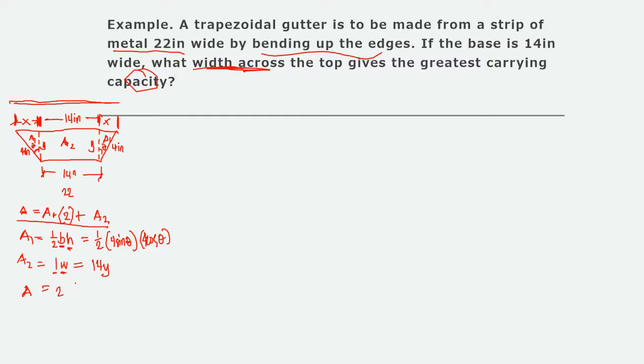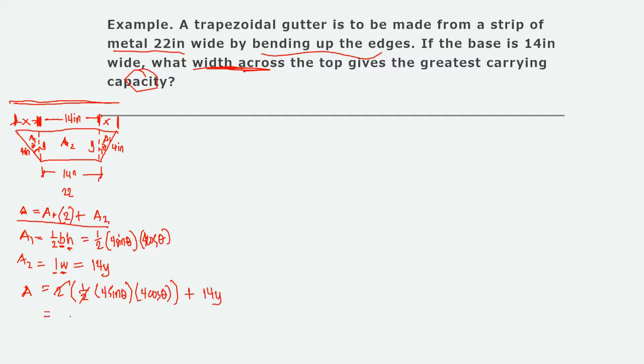So that's 2 times 1/2 times 4 sine theta times 4 cosine theta. So, the 2 cancels the 1/2. And then, we have plus the area 2, which is equivalent to 14y.